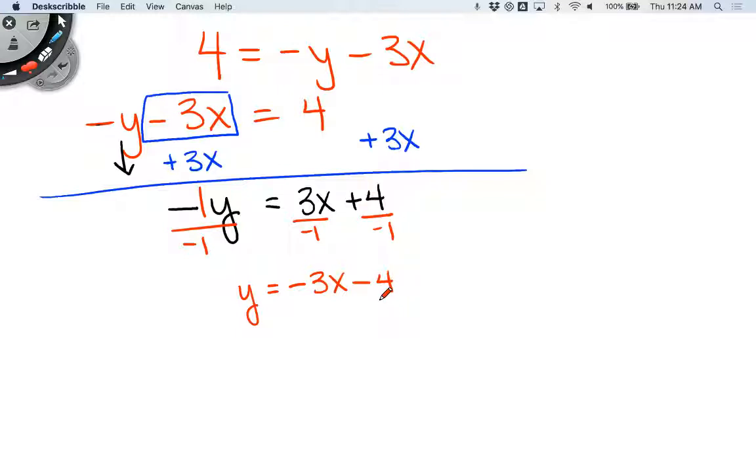So I did all of that to get it in y equals. Now I'm going to identify what is my slope. Negative 3, or negative 3 over 1. And what's my y-intercept? Negative 4. So feel pretty good about that.